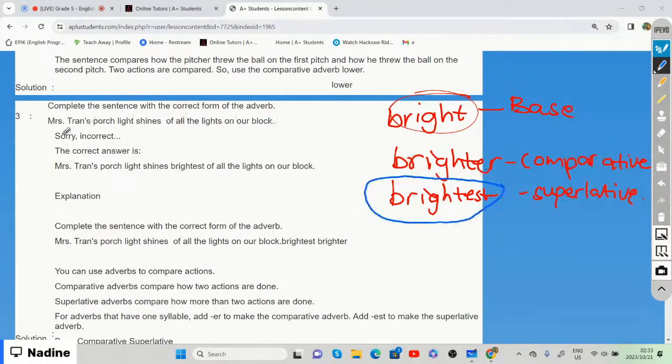Mrs. Trans's porch light shines brightest of all the lights on our block. So brightest is also our superlative adverb, because it shows how more than two actions are done.